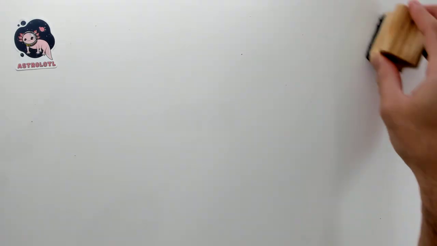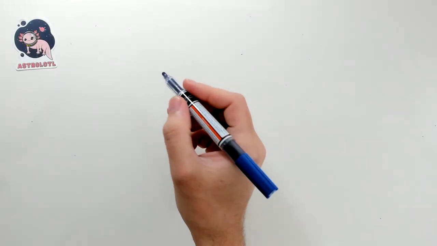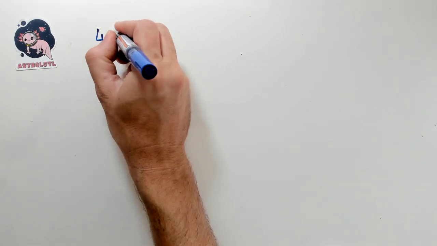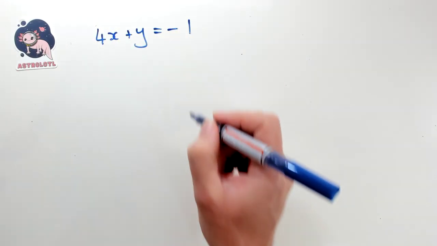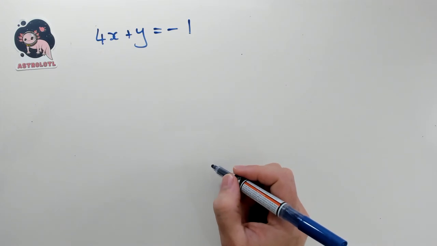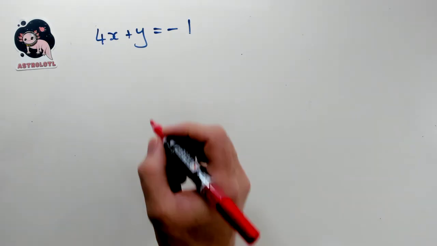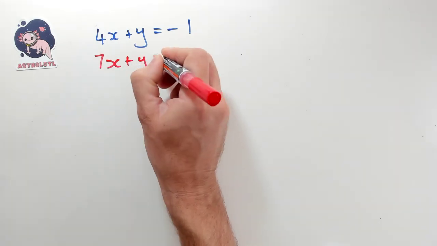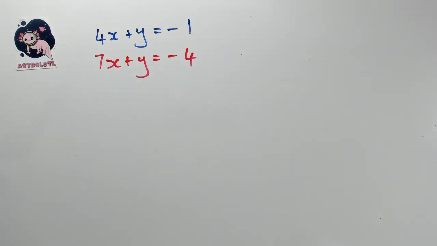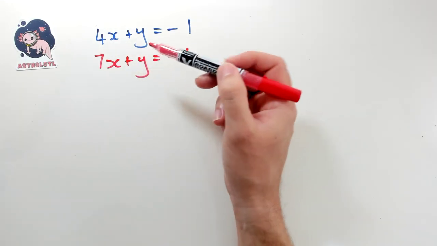We're going to go up gradually so that it's not too much. So let's do 4x plus y is negative 1. And I'm going to do a different color again and say 7x plus y is negative 4. In this case, it looks very similar to the previous one.